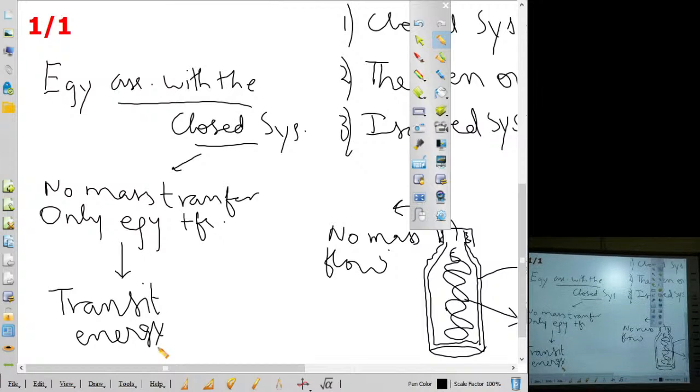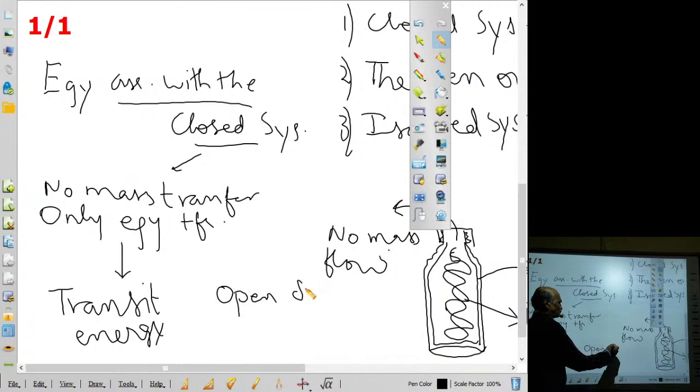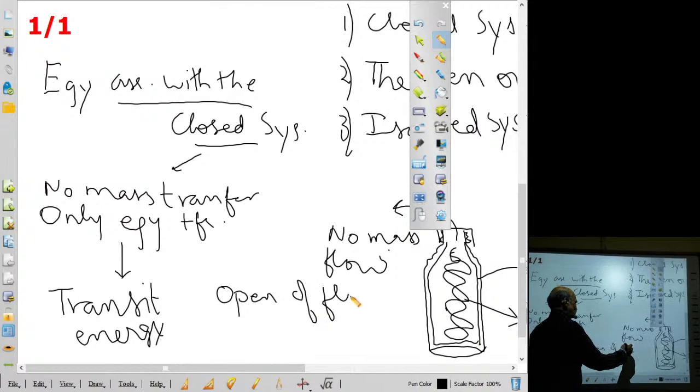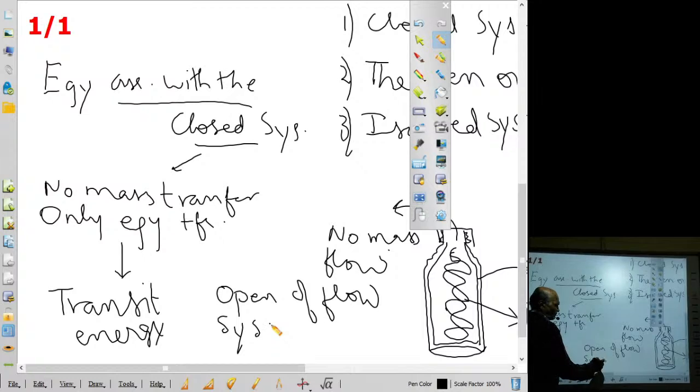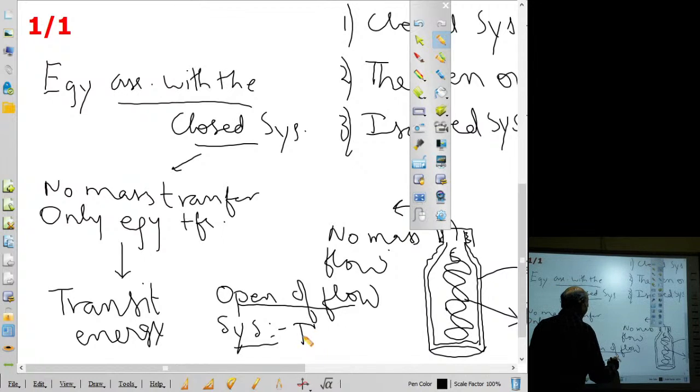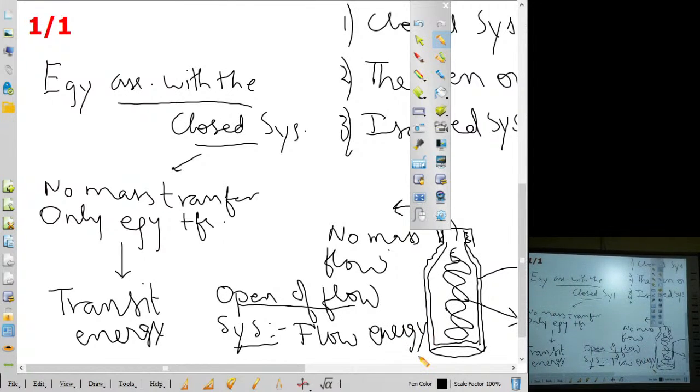And in the case of the open or the flow system, the energy associated with this is also known as the flow energy.